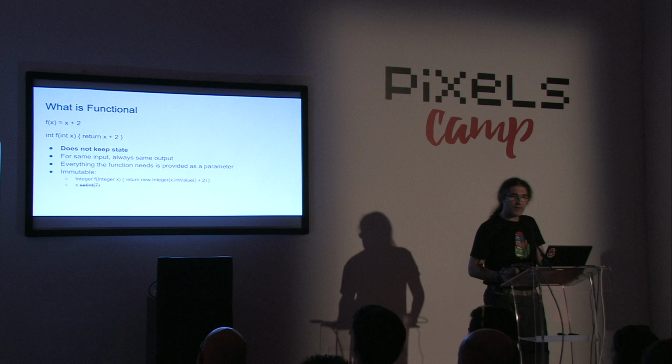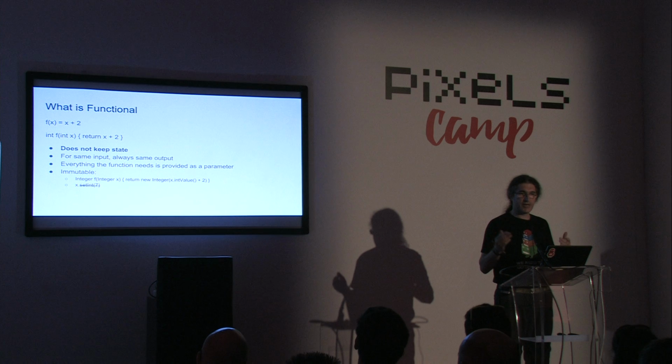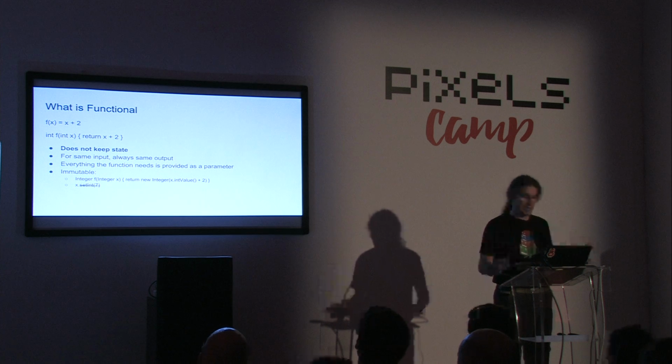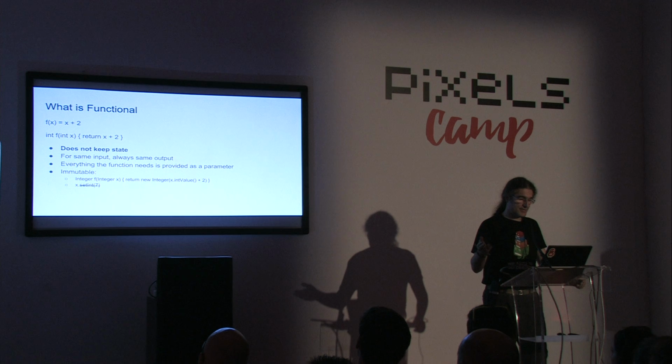So what is functional? If you remember your second grade math, I can define a function f of x like you just pick up x and you add 2. That's a function. It's as simple as that. If you prefer the code version, that's the Java version, where you give it an int and you return that int plus 2.